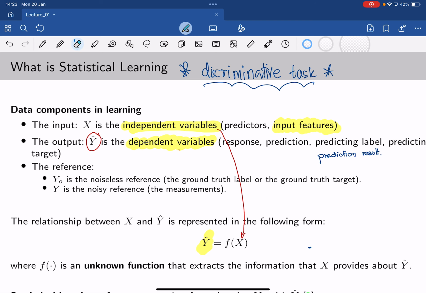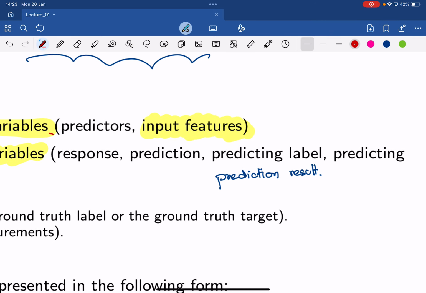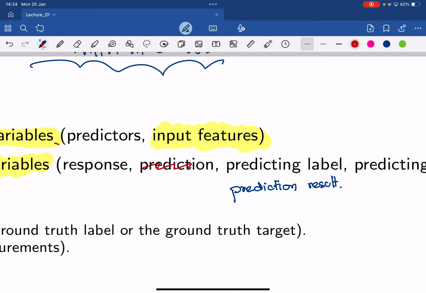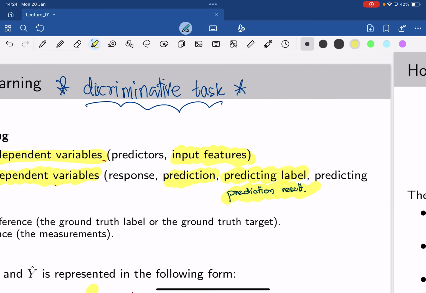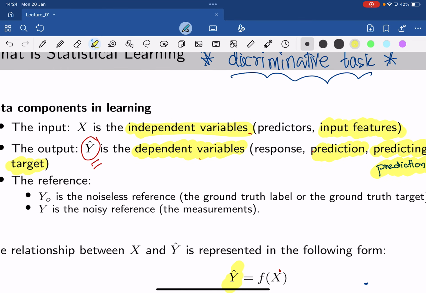And sometimes we may call this output predictions. Yes, that's why I don't want to call the first one predictors, because it can be very confusing. Let's just say we call it prediction results, predicting labels, predicting values, or maybe predicting target.